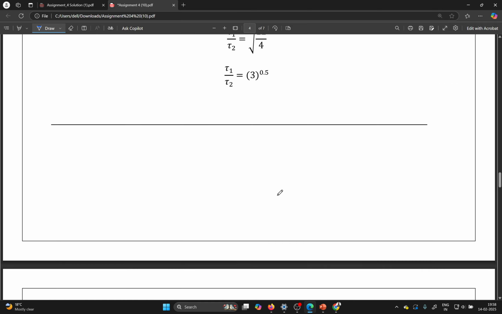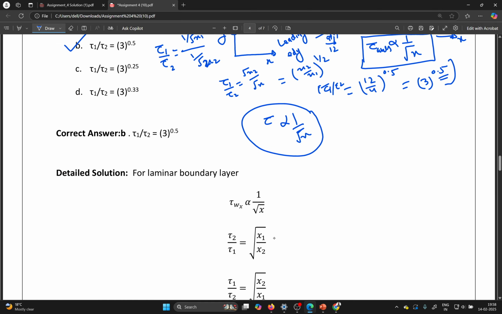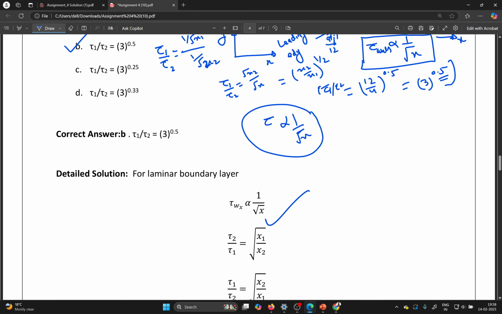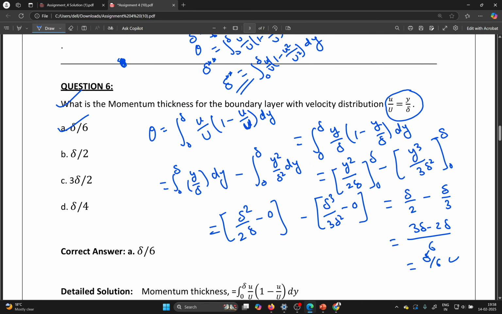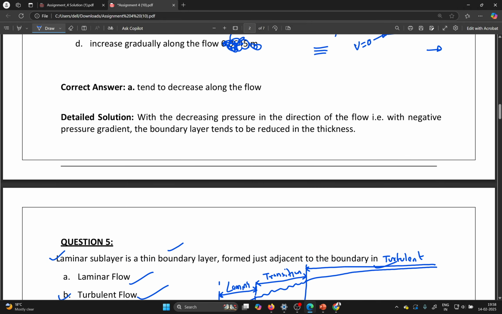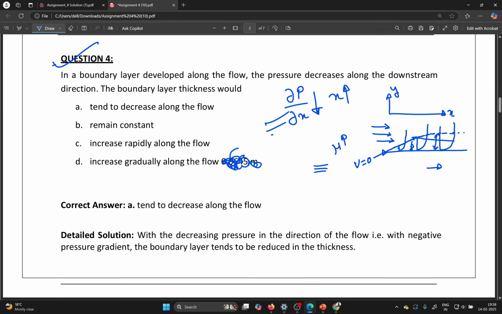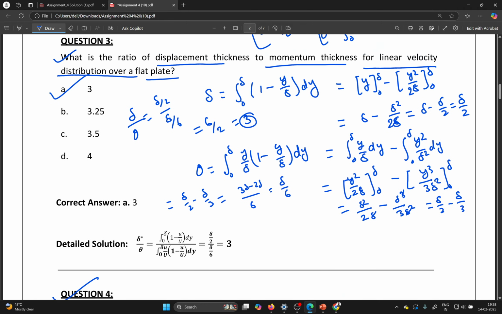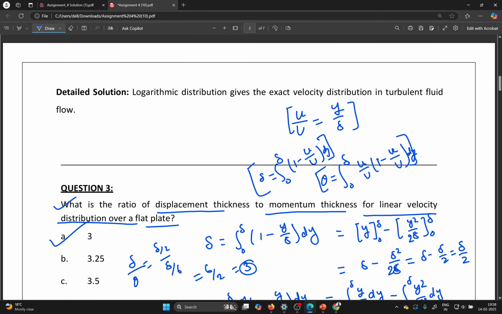This concept is very, very important, and you can follow the NPTEL video for the whole derivation. Also always remember these three formulas are very, very important.